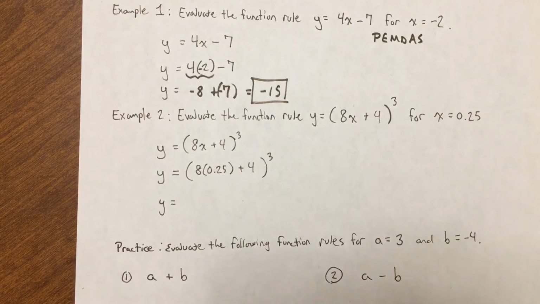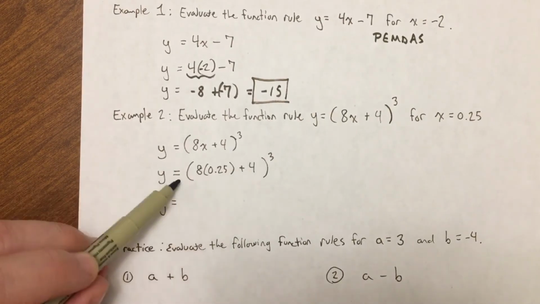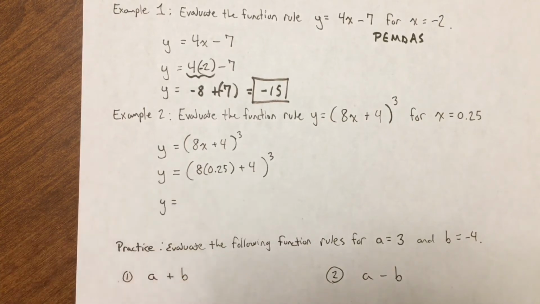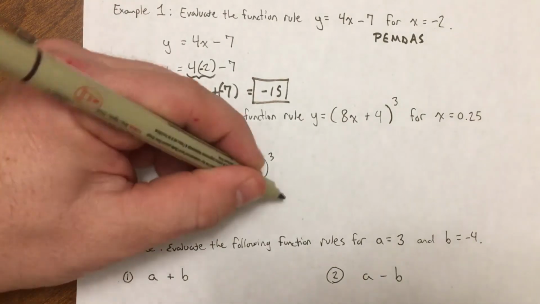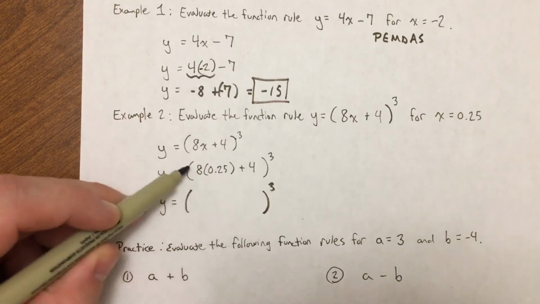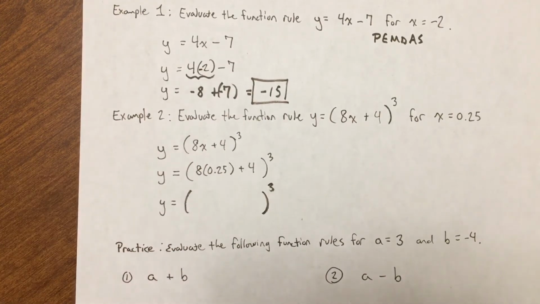So let's go ahead and work this out. Now, we're dealing with parentheses, so we're going to take care of the stuff inside of the parentheses first. We'll take care of the exponent later, but right now we need to simplify the stuff inside of the grouping.